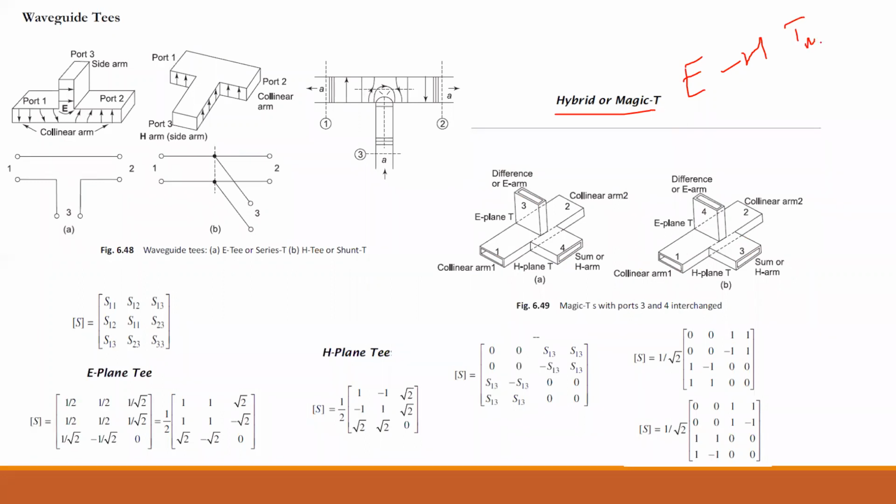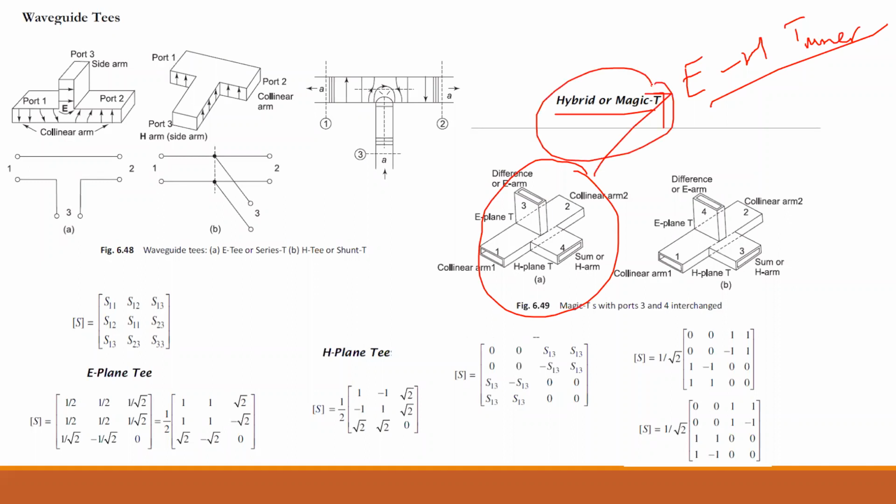For EH tuner, we should have both the arms. So in that application, we can look forward to using the Magic T. Then apart from that, we have a balanced mixer which is required at microwave frequencies. So there we can make use of these Magic Ts. So these are just a few examples to note down.